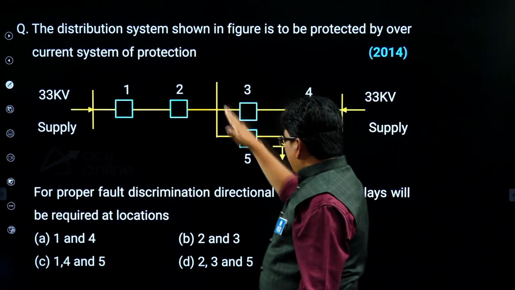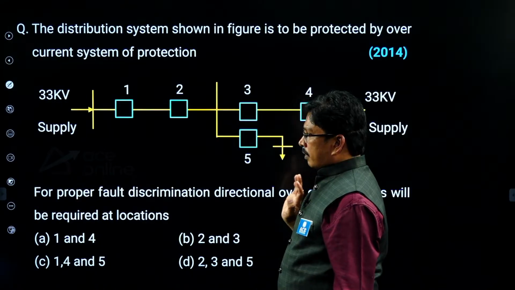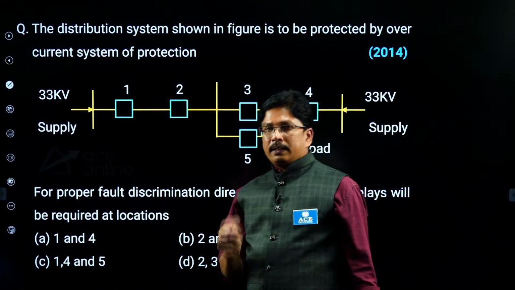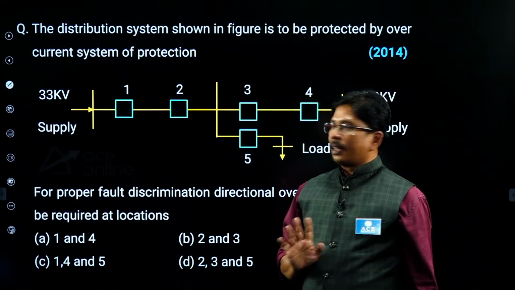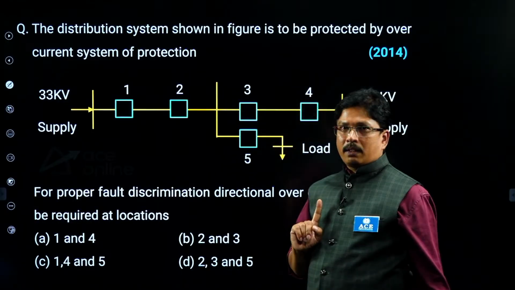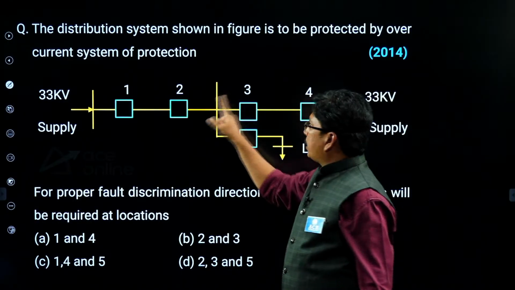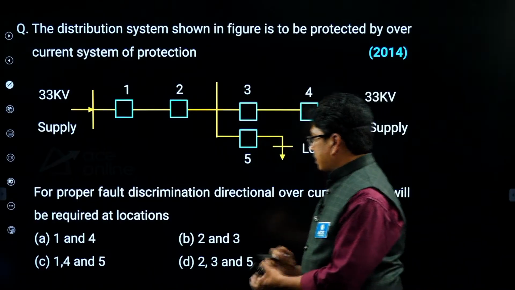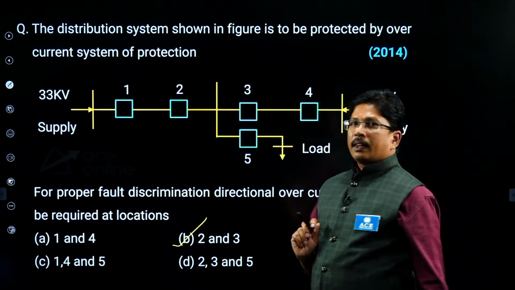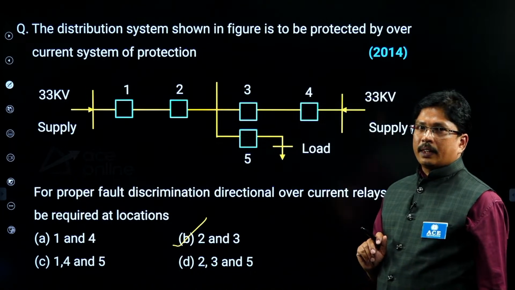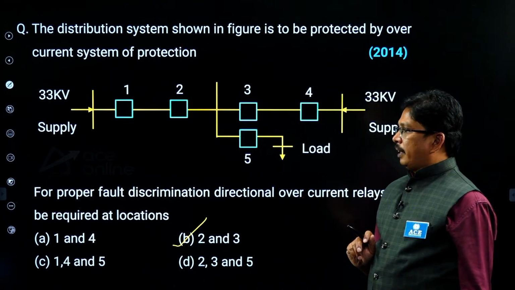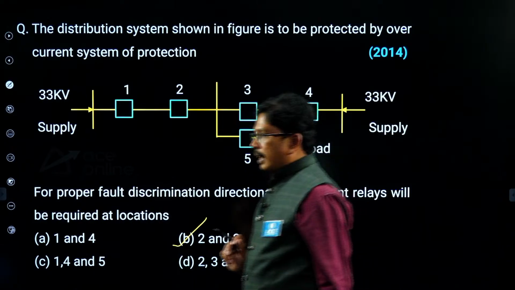Current always flows in one direction only, so relay 5 is not a directional overcurrent relay. Only 2 and 3 are the directional overcurrent relays. So the correct answer is 2 and 3, option B.